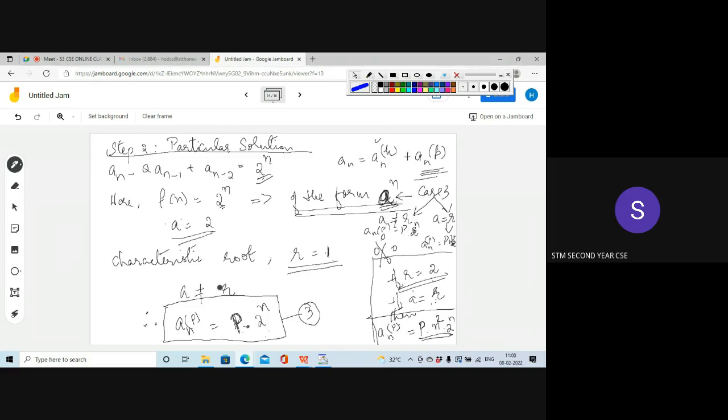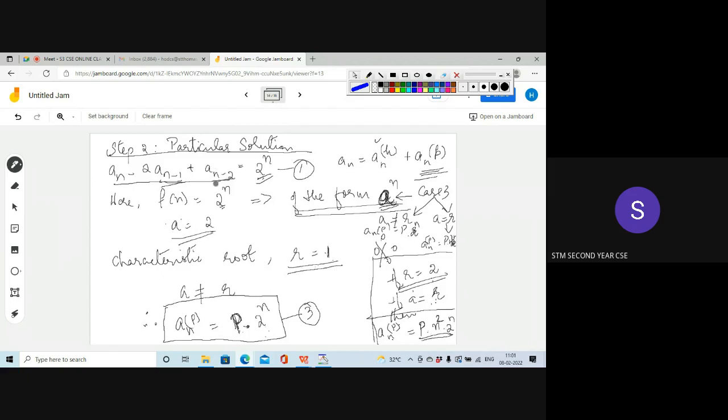Now here, since we have the case that a is not equal to r, we have to solve it and proceed with this equation. So we have an of p is equal to p into 2 raised to n. Now what I am going to do is, I'm going to take the given question. Now I'm going to substitute for an as p into 2 raised to n. Then next term is an minus 1, and I'm going to find out p into 2 raised to n minus 1.